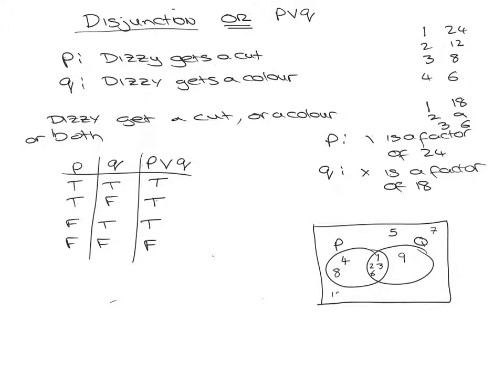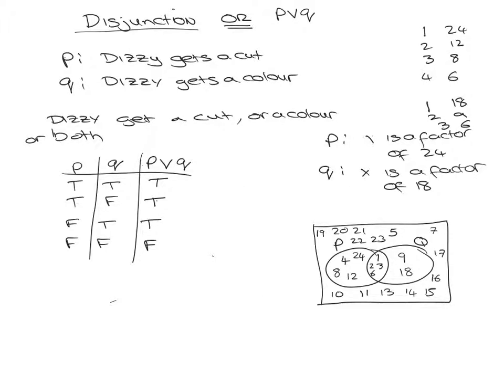And 10 and 11 are factors of neither. 12 is a factor of 24. Then we got 13, 14, 15, 16, 17, 18 is a factor of 18, 19, 20, 21, 22, 23 all outside, and 24 in there.